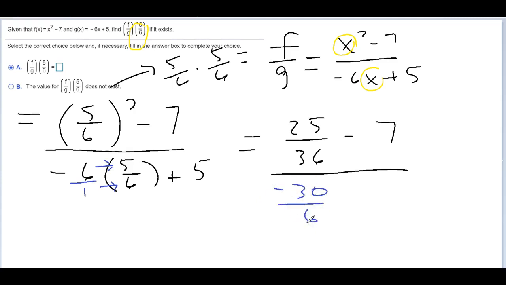And what you'll find is negative 30 divided by 6 is just negative 5. So in other words, the 6 canceled out with that 6, and we were just left with a negative 5. Again, that was because negative 30 divided by 6 is just negative 5. So we have negative 5.